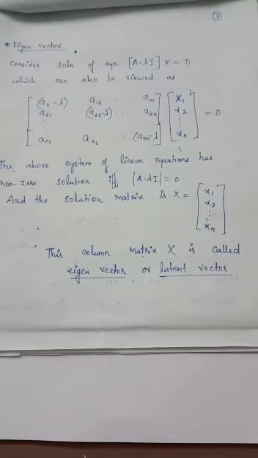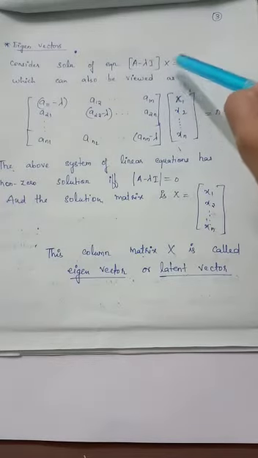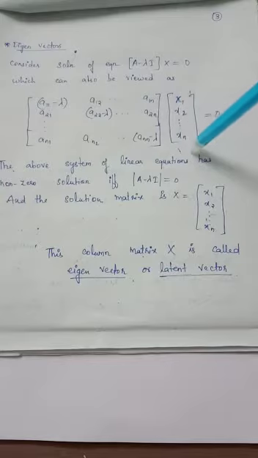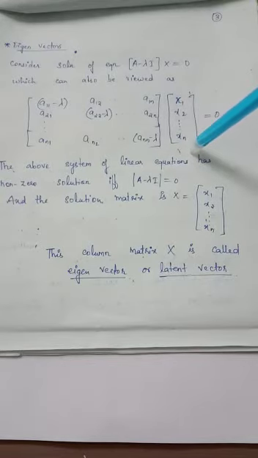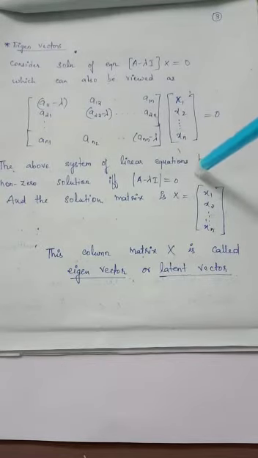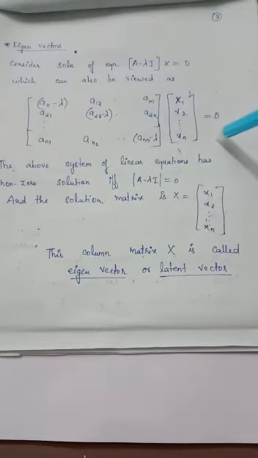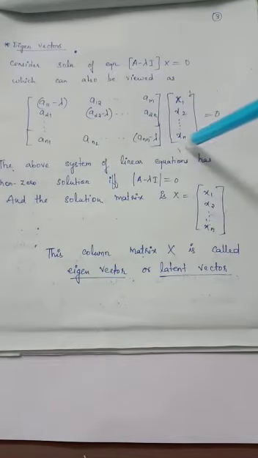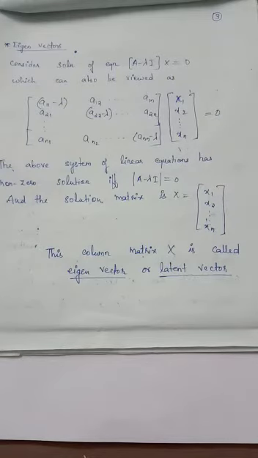If you consider the matrix multiplication A minus lambda I into x equal to 0, where x is a column matrix x1, x2, etc., xn. When you consider this equation, it has a 0 solution when all the entries of x, x1, x2, etc., xn are equal to 0, which is also known as trivial solution or the 0 solution. We are interested in the non-zero solution of this particular equation.